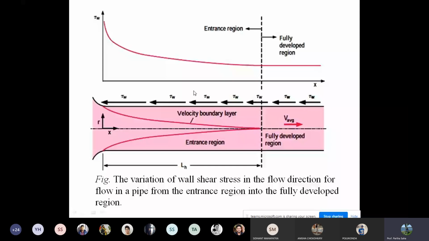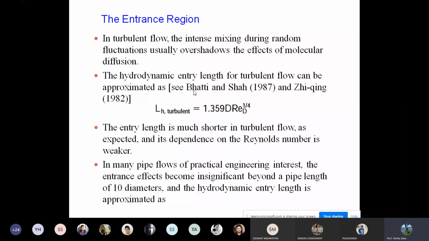For turbulent flow, Prandtl, Bhatti and Shah, and another, Ji Kwang, developed an equation: LH equals 1.359 D times Reynolds number to the power 1/4. Remember, the entry length is much shorter in turbulent flow, and its dependence on the Reynolds number is weaker.